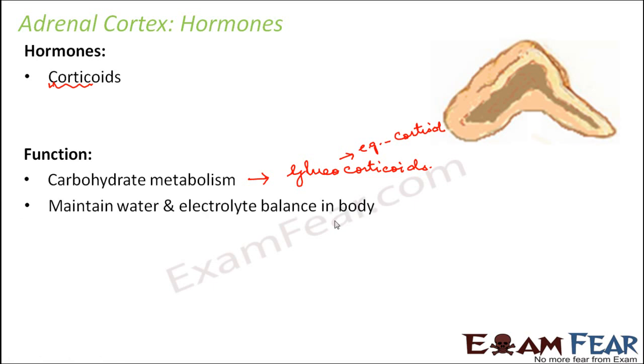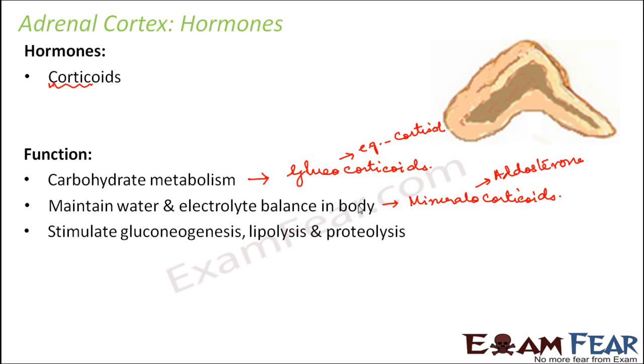It also helps to maintain the water and electrolyte balance in the body, and these kinds of corticoids are called mineralocorticoids. An example of a mineralocorticoid would be aldosterone. So aldosterone is a hormone which is an example of a mineralocorticoid because of its specific function.